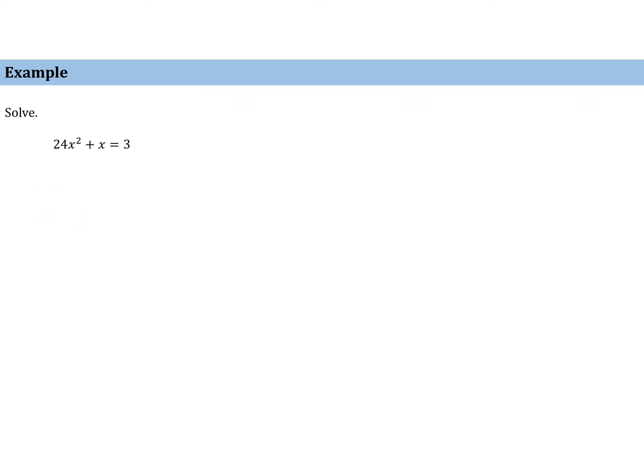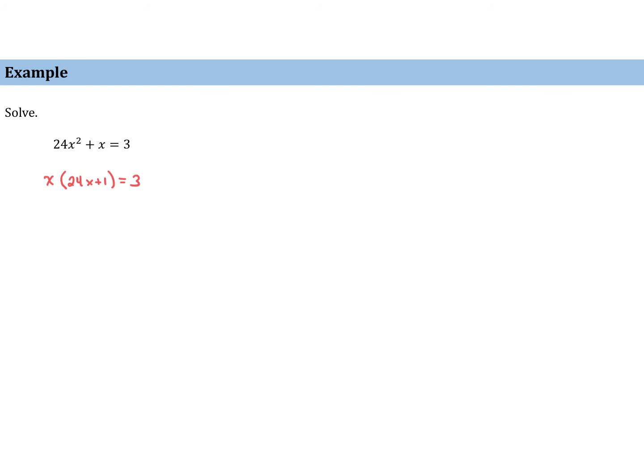Now, let's look at another example. Here we have 24x squared plus x equals 3. Now, I could factor the left-hand side, but the problem is that if we do that, let's just see what happens. I would have x times 24x plus 1 equals 3.